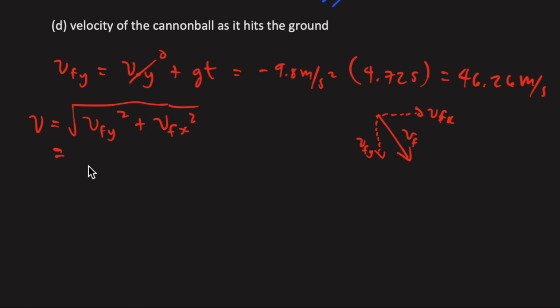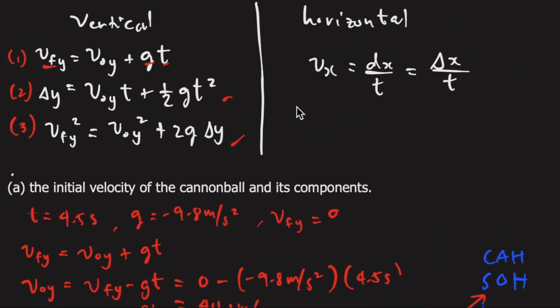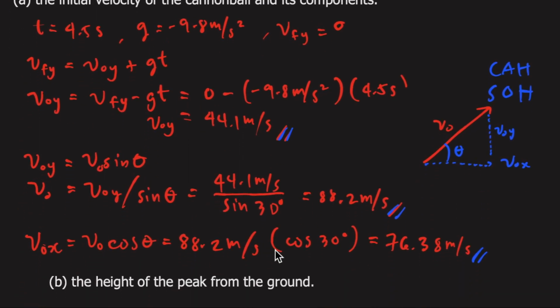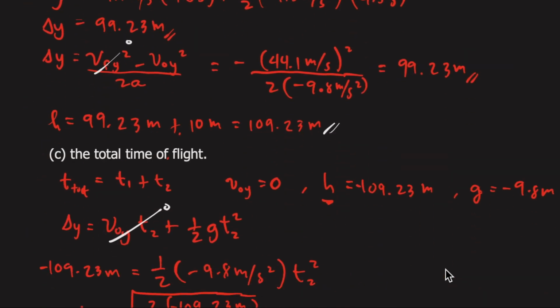So that's equal to the square root of 46.26 squared plus our Vfx squared. We know that velocity in the x component is constant, therefore v naught x is equal to Vfx. And from our previous computations, our initial x component of the velocity is 76.38 meters per second.